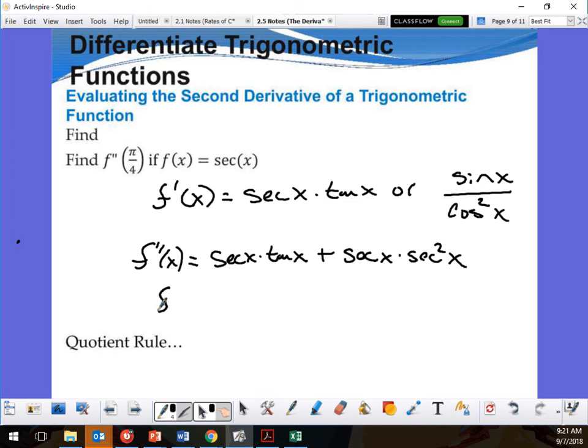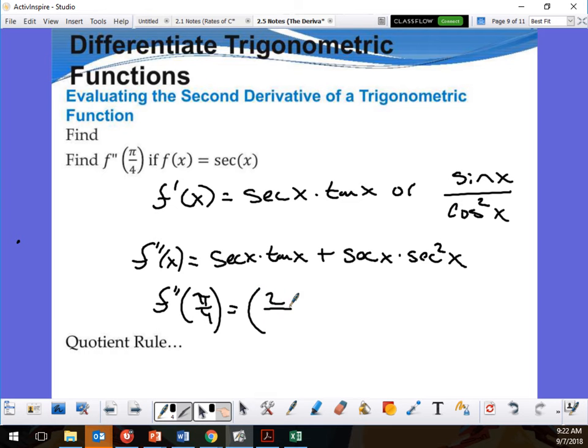So f double prime at pi over 4. Okay, so secant at pi over 4. So first, what is cosine at pi over 4? Rad 2 over 2, but flip that over and that's the secant. So it's going to be 2 over rad 2.